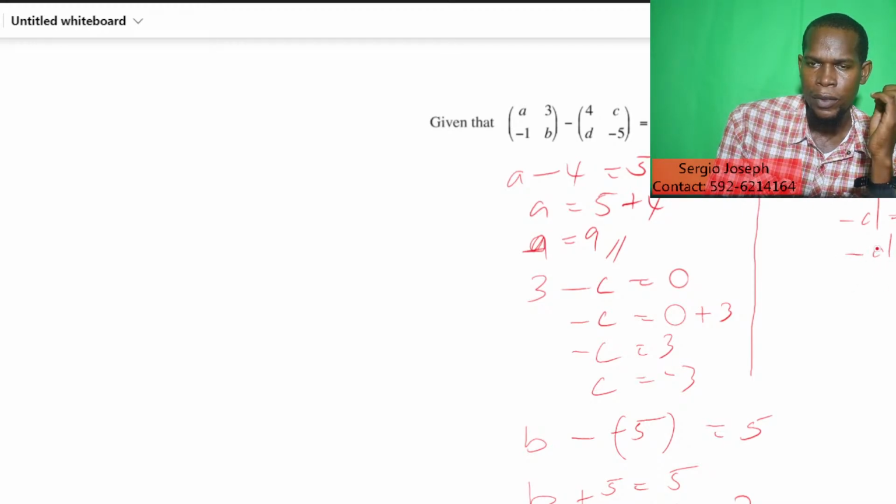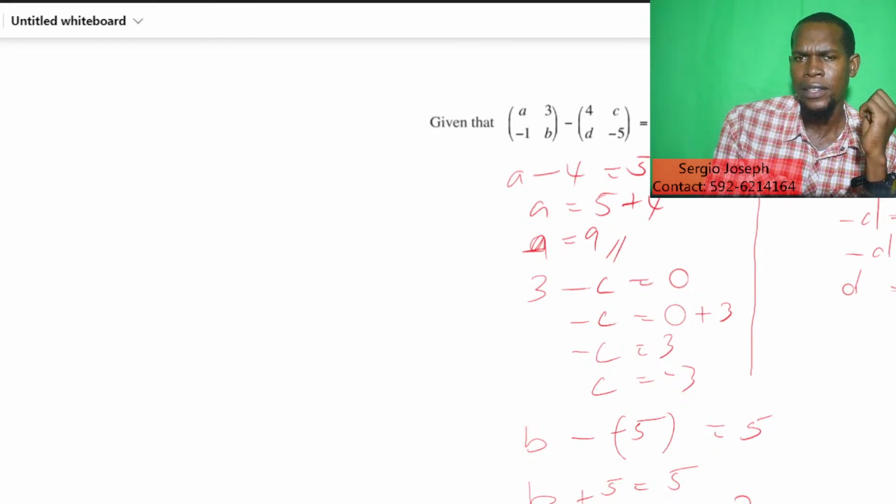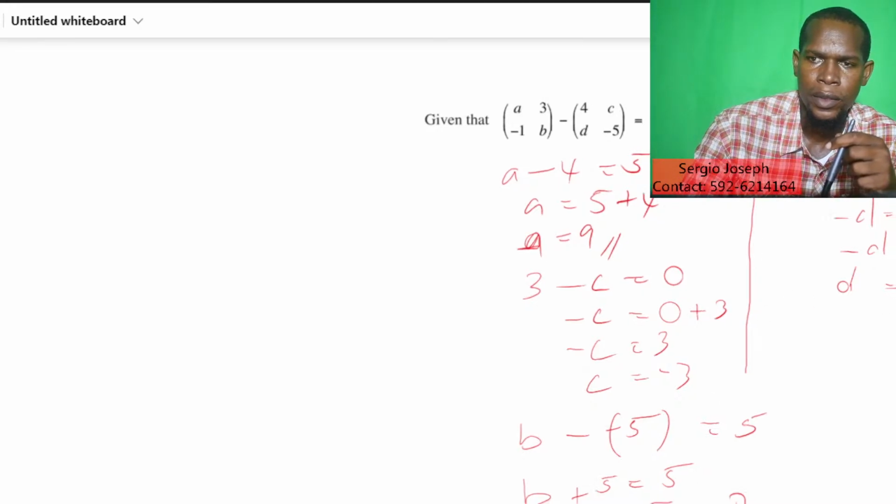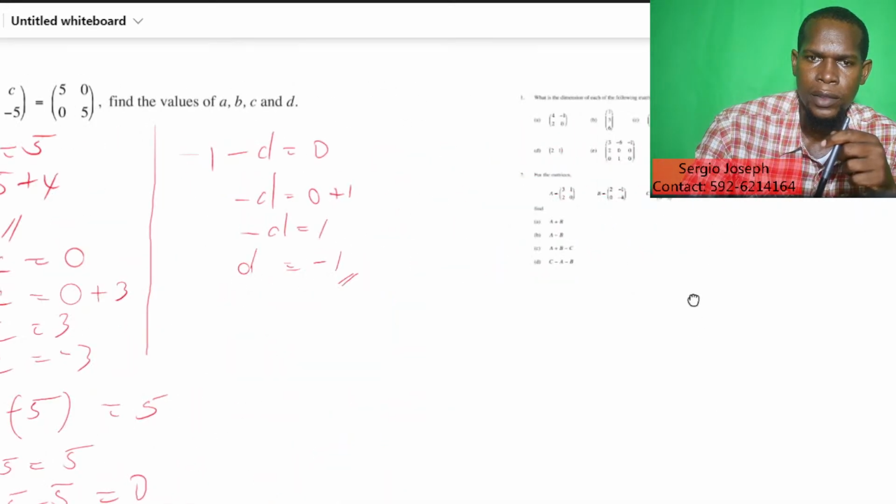And therefore, making D the subject, multiplying by minus 1 on both sides, we end up with D is equal to minus 1. And that's our answer. All right, we found the values for A, B, C, and D. Good. Next concept.